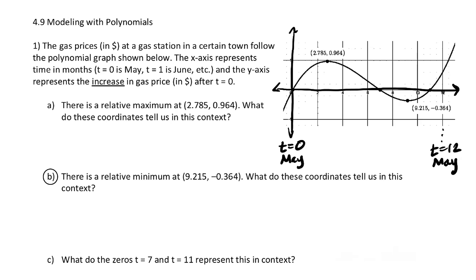And we're told the y-axis represents the increase, and that's underlined, so it must be important. The increase in gas price, so here's gas price, is this axis. And it's the increase in gas price in dollars, or units here, dollars, after t equals 0.